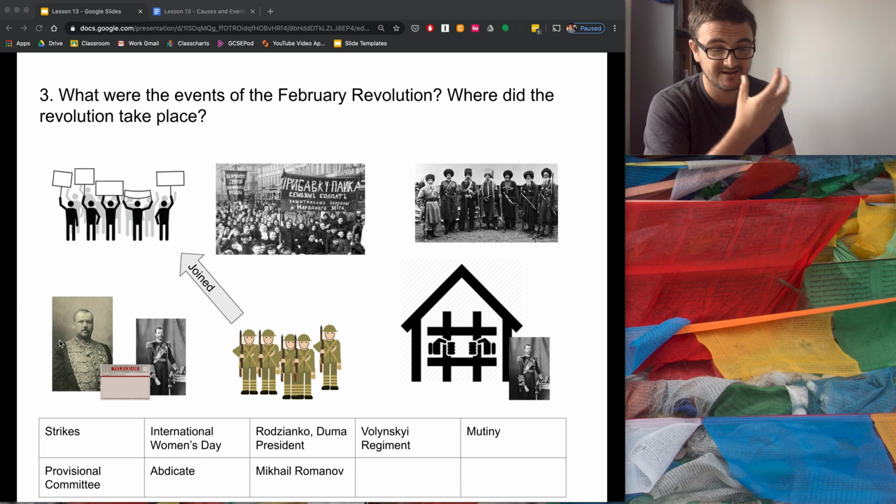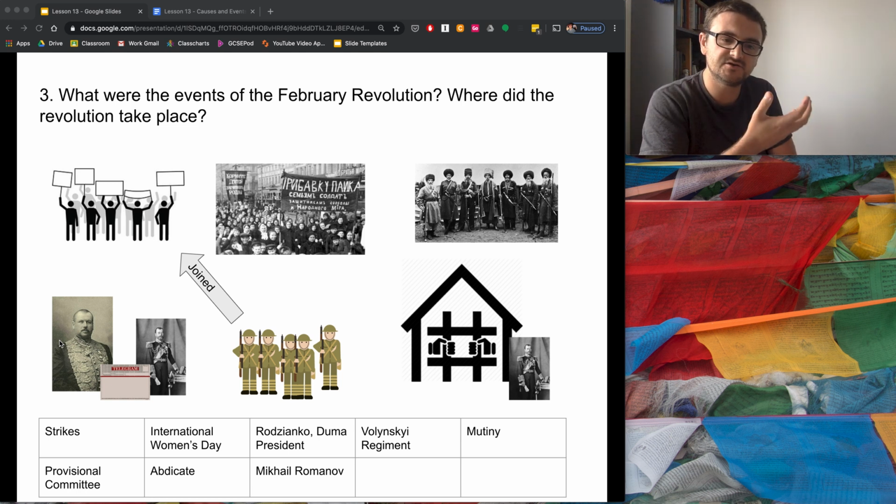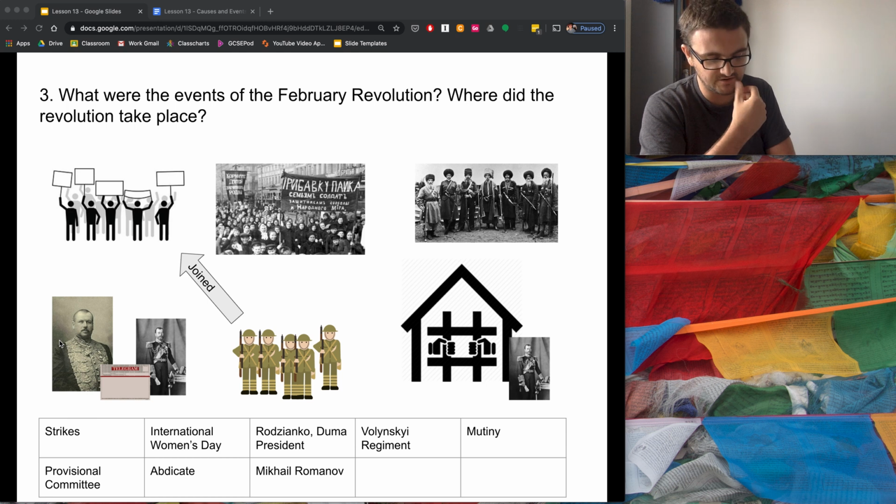In fact, rather than listen to Rodzianko, the Tsar orders the Duma to dissolve, ending any element of civilian control or influence in government, and giving himself full control again.